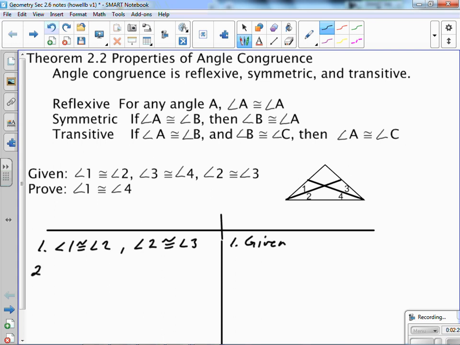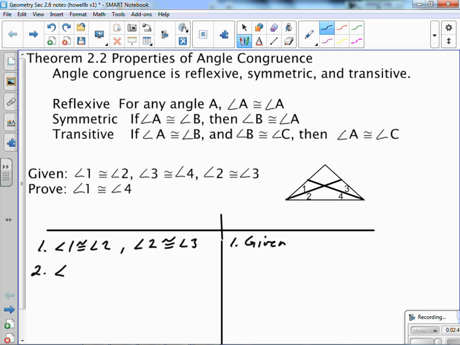Now, when we look at this, two pieces of information, angle 1 is congruent to angle 2, angle 2 is congruent to angle 3. So notice we've got angle 2 in both of those statements. 1 is congruent to angle 2, and 3 is congruent to angle 2. So since they're both congruent to angle 2, then they should be congruent to each other.